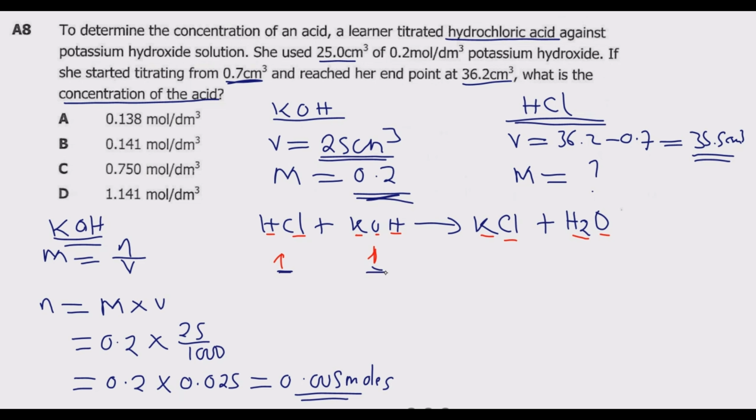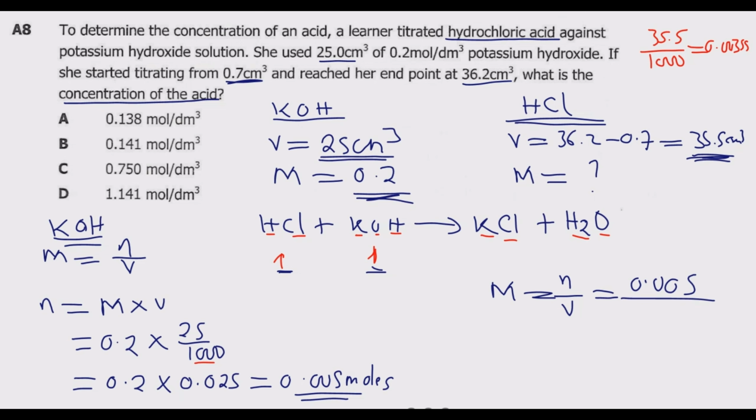So now what we do is find the molarity, which is concentration. It's the number of moles divided by volume. So the number of moles is 0.005, then divided by the volume. This volume now needs to be converted to decimeter cubic. Let me use a different color, so it will be 35.5. We divide it by 1000 like we did here, then we are going to get 0.0355.